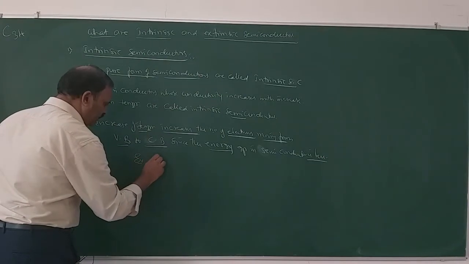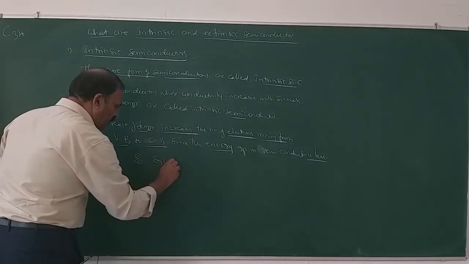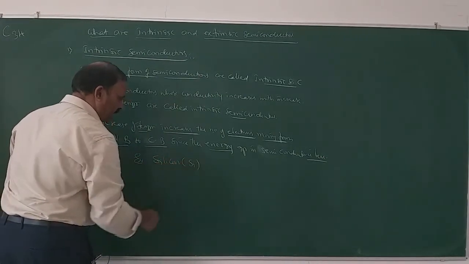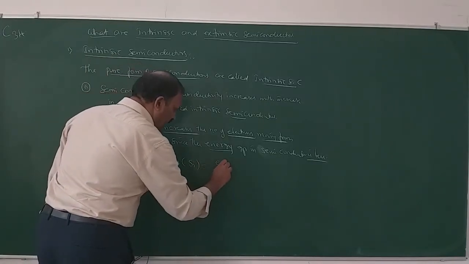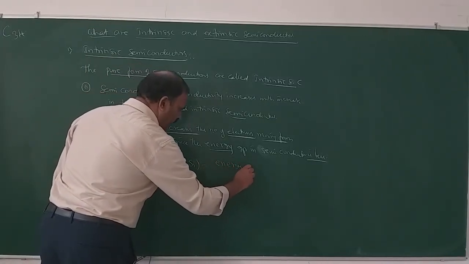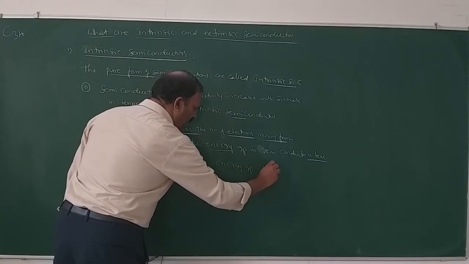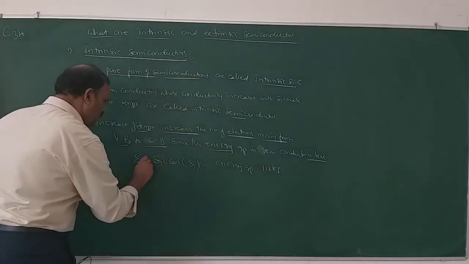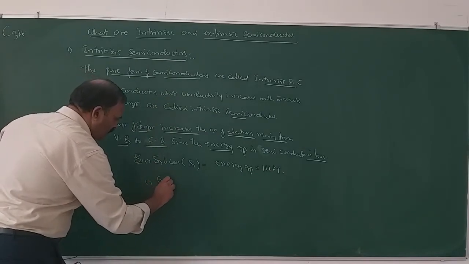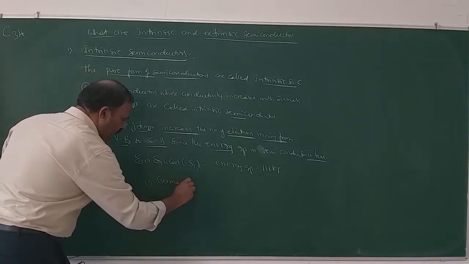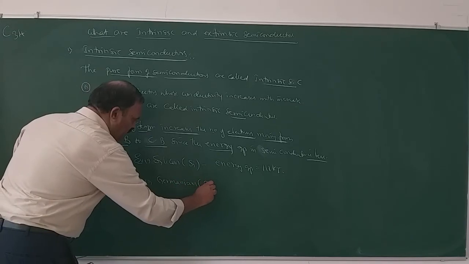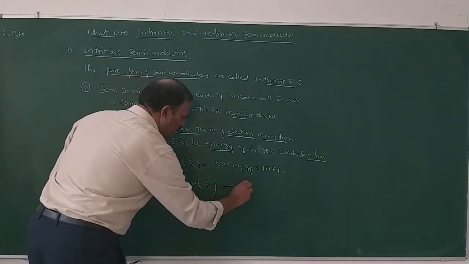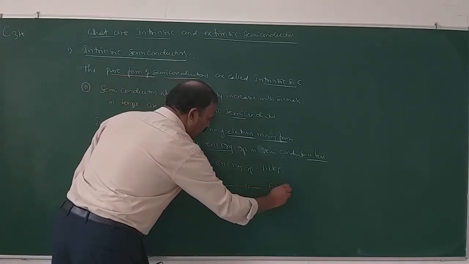Example, number one, silicon Si, its energy gap is equal to 111 kilojoules. Number two, germanium Ge, its energy gap is also less, 63.